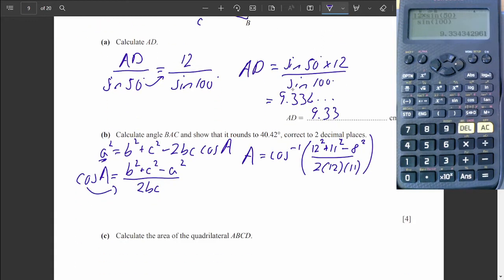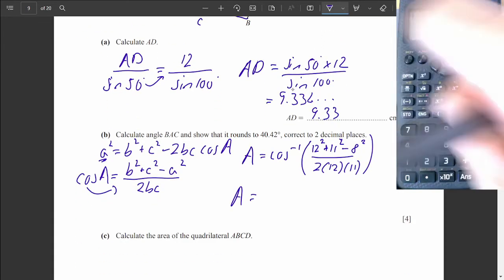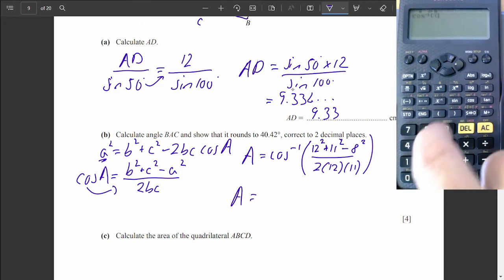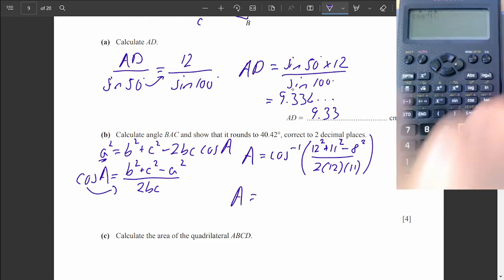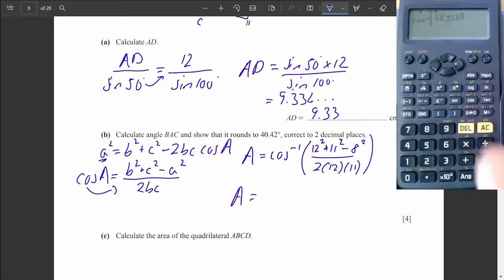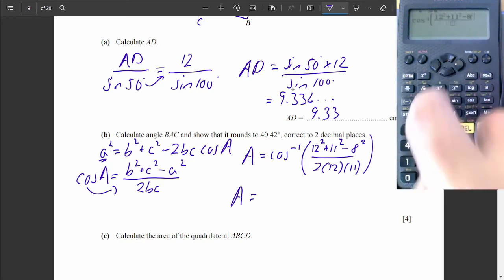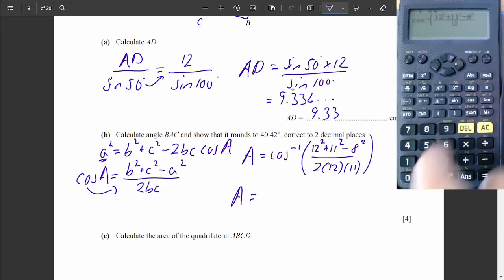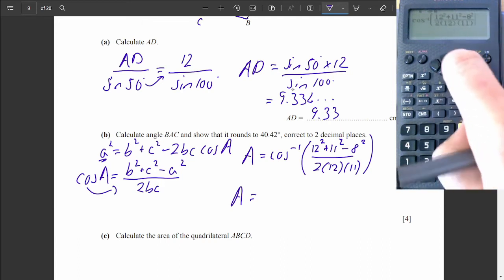Now we can put that into our calculator exactly like that. So we start with shift cos, bracket, fraction, 12 squared plus 11 squared minus 8 squared over 2 times 12 times 11.